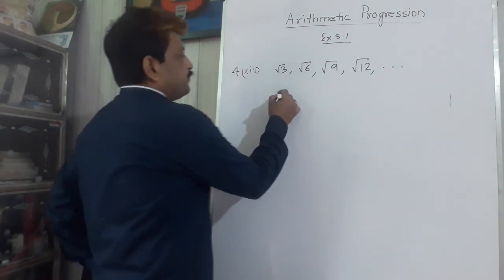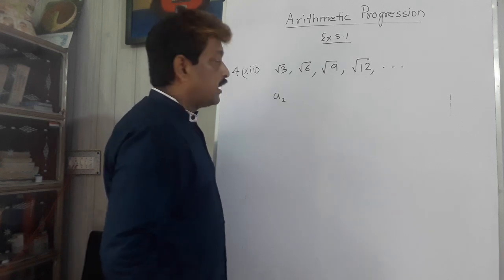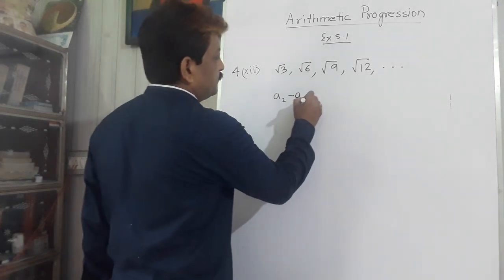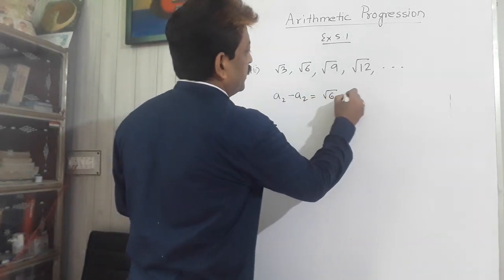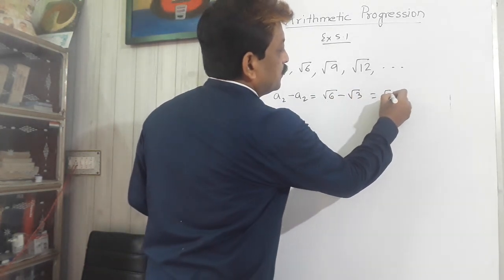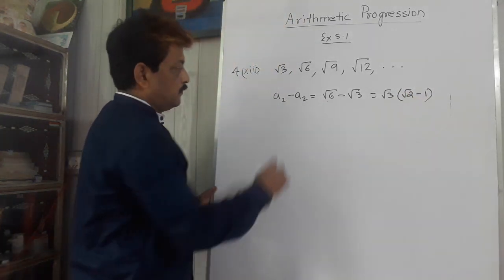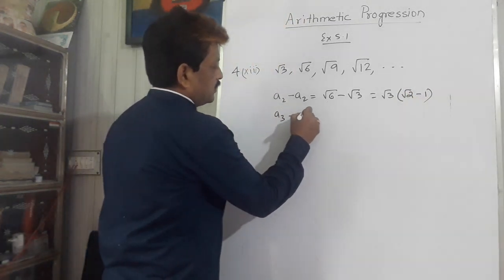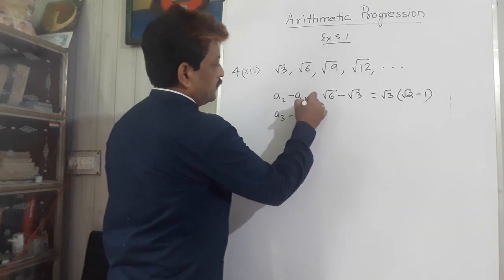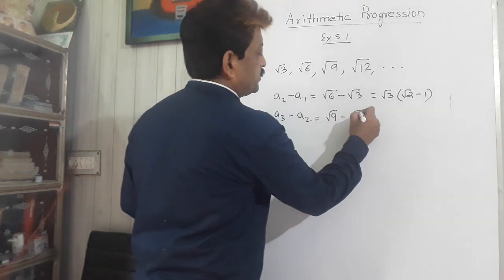So let us check whether they are forming an AP or not. A2 minus A1, that is root 6 minus root 3. If we take root 3 common, it will be root 3 into root 2 minus 1. A3 minus A2, root 9 minus root 6.